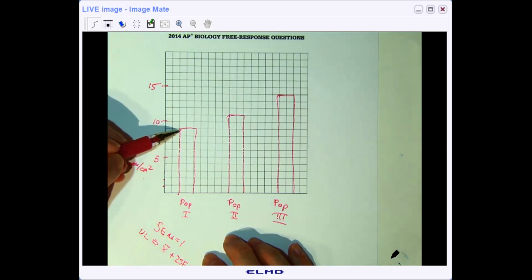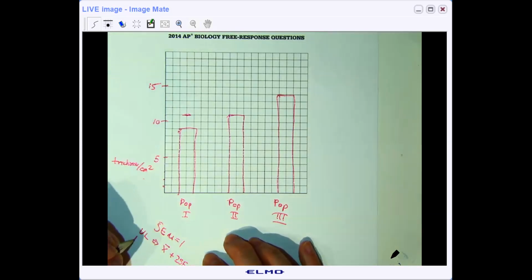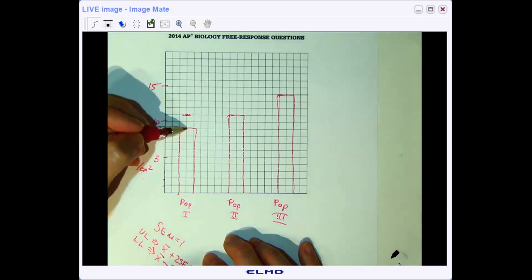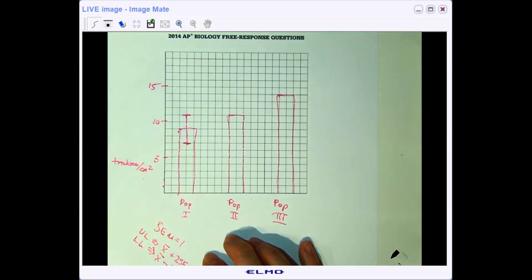We add 2 standard errors of the mean, and 2 times 1, of course, is 2. So the upper limit's going to be 11. And to get your lower limit, you're going to do the mean minus 2 standard errors of the mean. So that would be 9 minus 2, which would be 7. And voila, there's your 95% confidence interval.